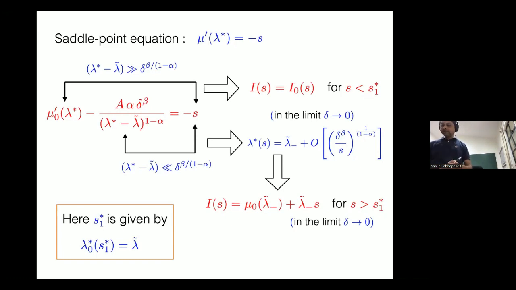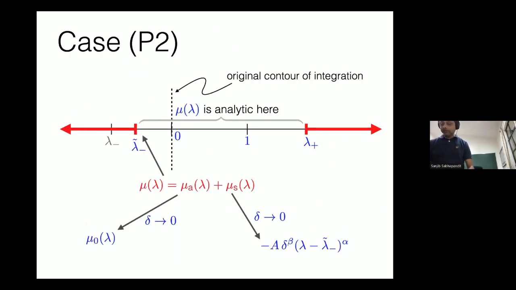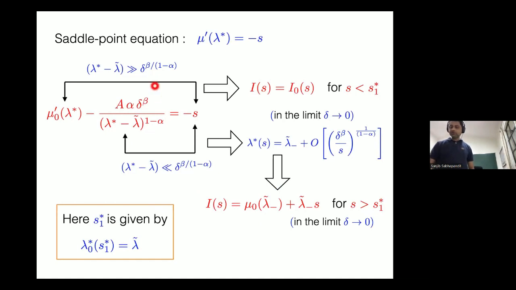On the other hand, as you change s, at some point your saddle point will move closer to this lambda tilde. In this case, at some point this will become smaller than the numerator. Because for the delta equal to 0 case, it has to cross this lambda minus. From here you can just solve the delta equal to 0 case, and at some point this saddle point is going to hit here. In that case you can no longer ignore this, and this becomes the dominant term.